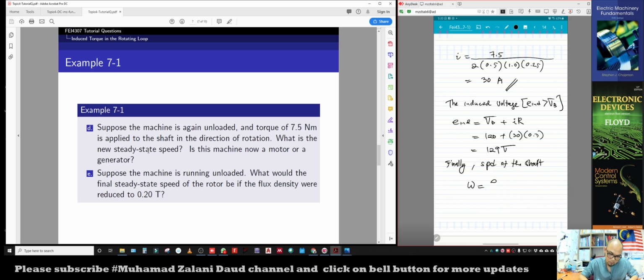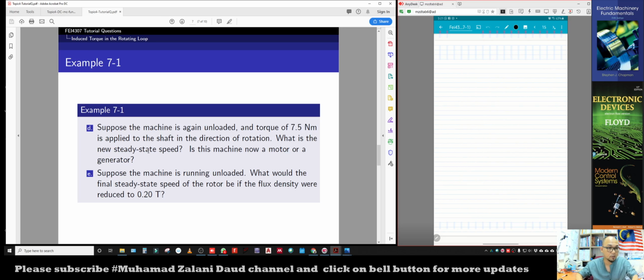We can use this particular equation. Omega is E_in over K phi, and then further we calculate this, which is E_in divided by 2RLB. So we can use that equation, which is omega, E_in, we know that is 129.